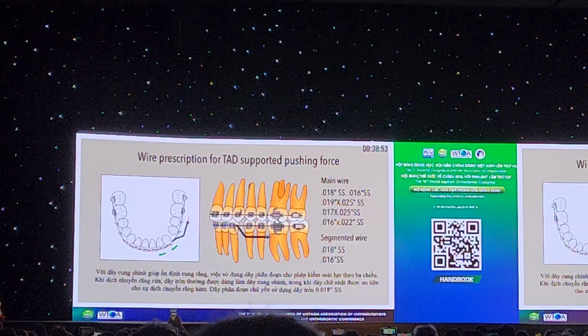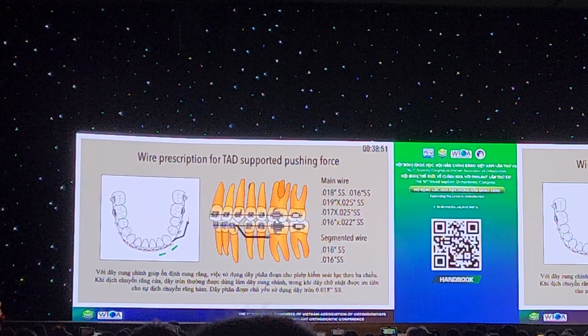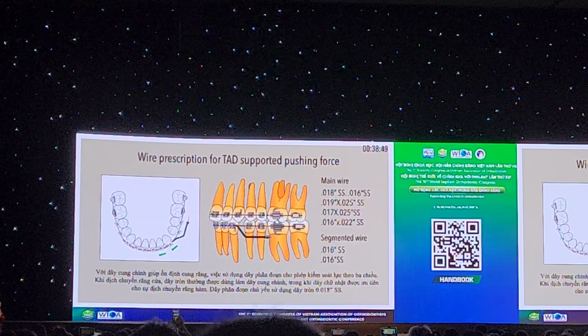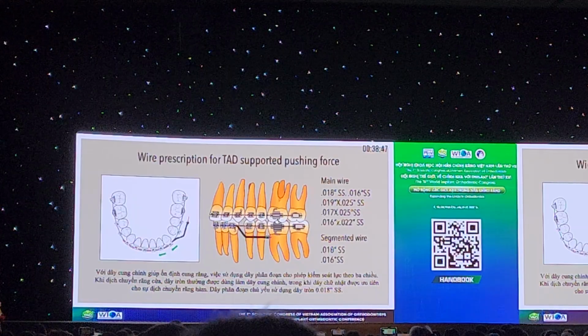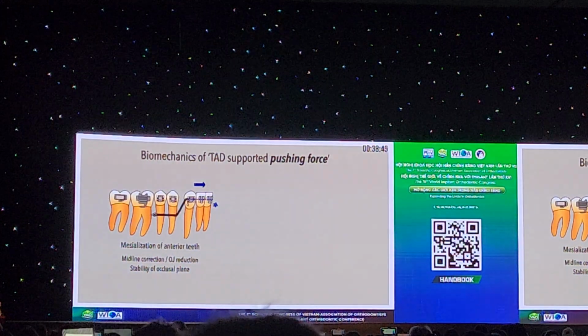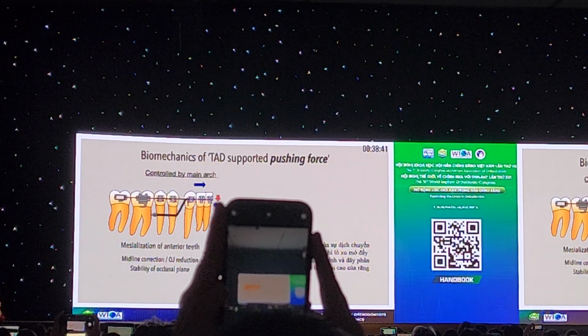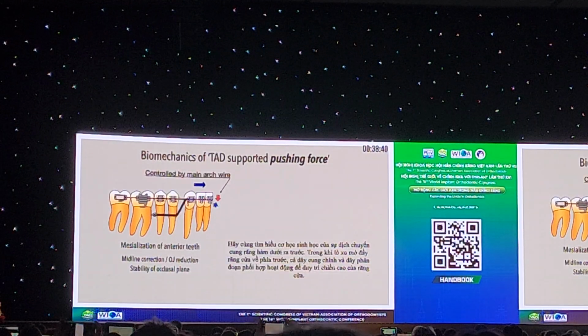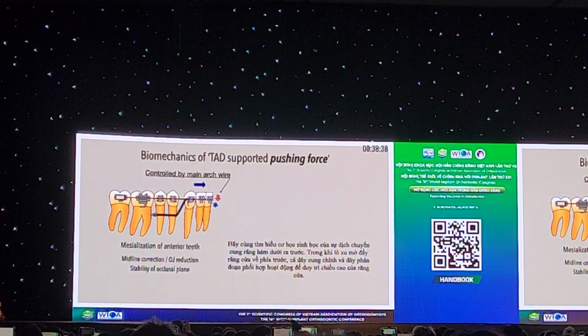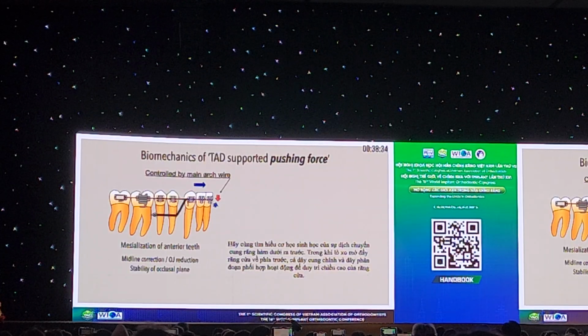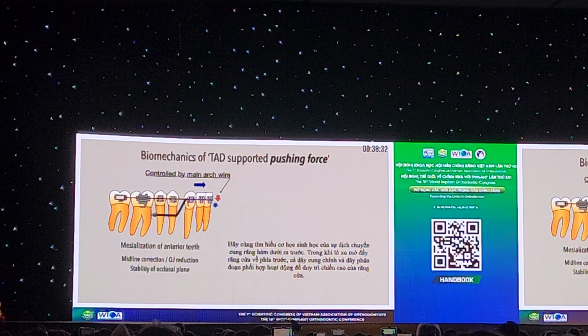Segmented wire is primarily made from 018 stainless steel round wire. Let's examine the biomechanics of the forward movement of the mandibular arch. While the open coil spring is pushing the incisors forward, both the main arch wire and segmented wire function in synergy to maintain the height of the incisors.